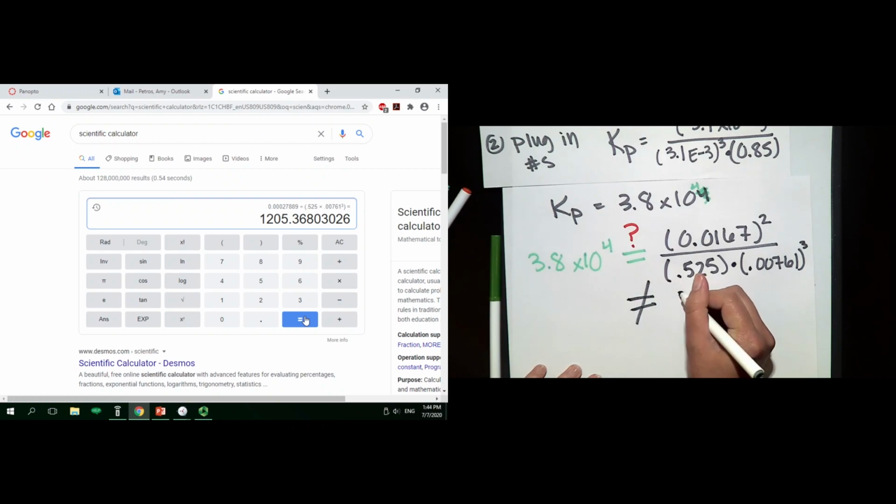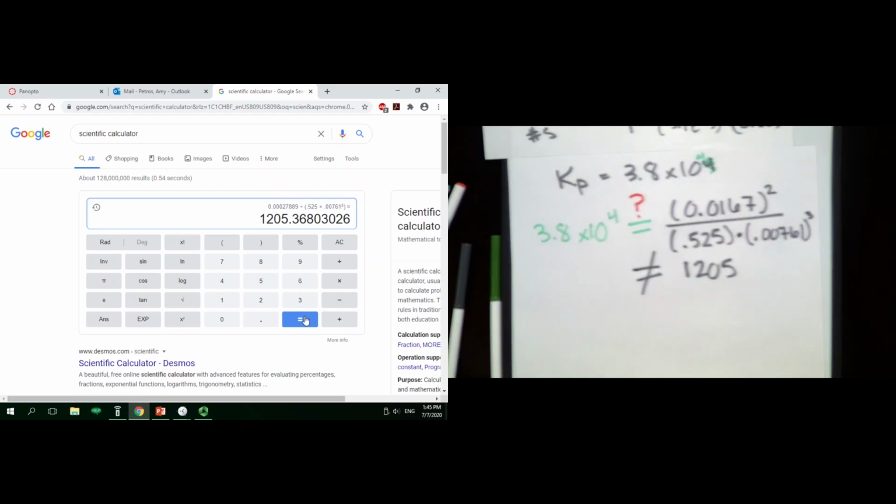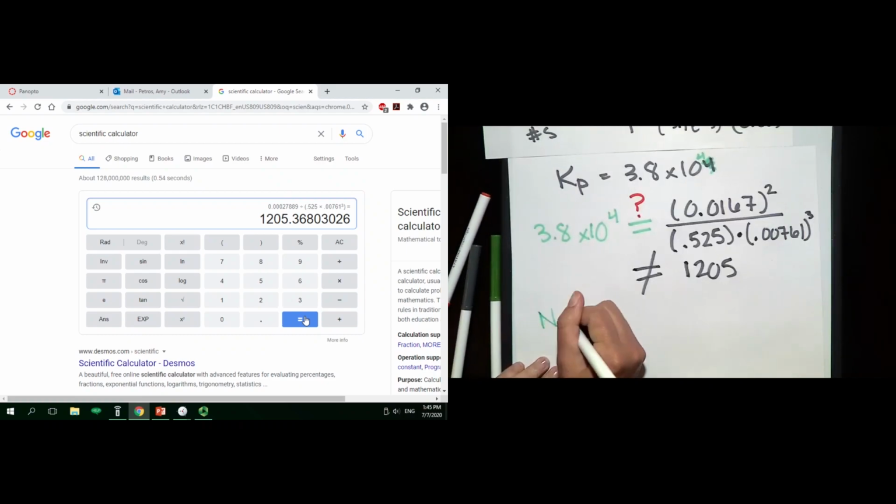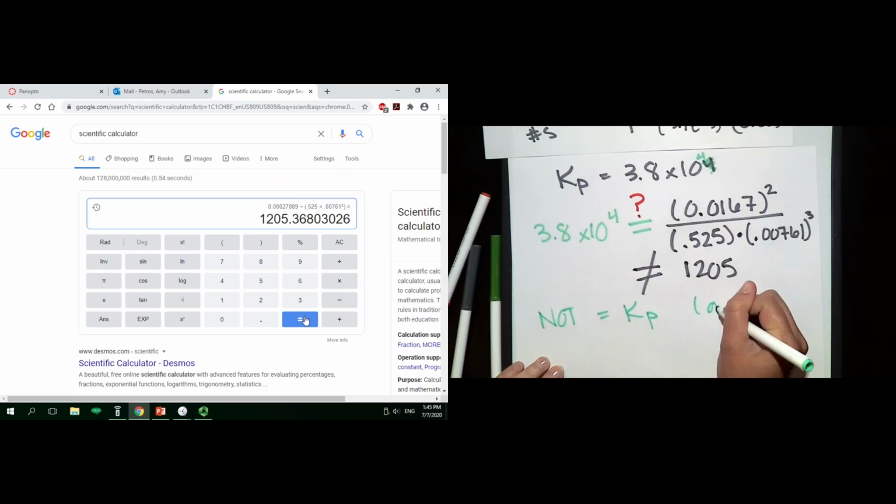The number I get is 1,205, which is not 3.8 times 10 to the fourth. So that's all we do. If it's not equal to Kp, or in some cases Kc, then it's not at equilibrium. It's that simple.